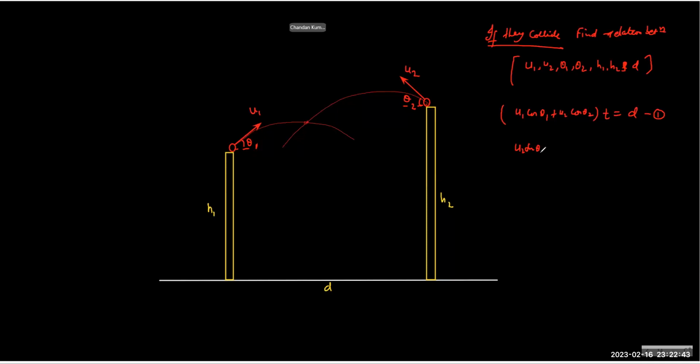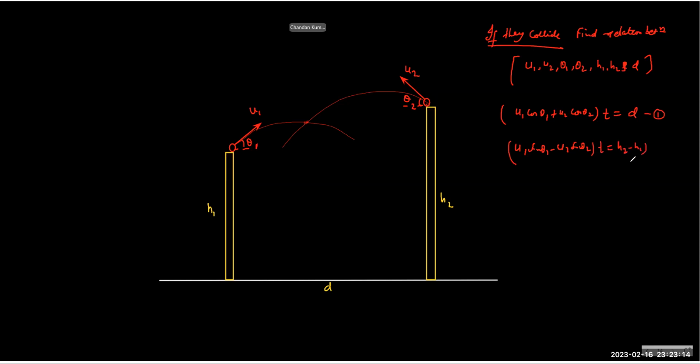Which one is bigger? U2, I'm assuming. Okay, I think you can see clearly the U1 is bigger actually. One is below, so it has to move faster to catch up. So it is (U1 sin theta 1 minus U2 sin theta 2) into t must be equal to h2 minus h1.